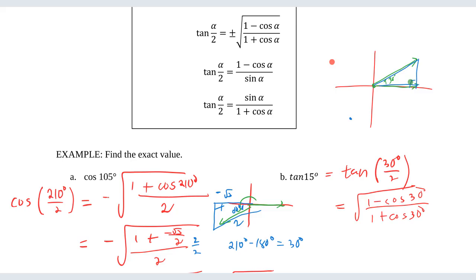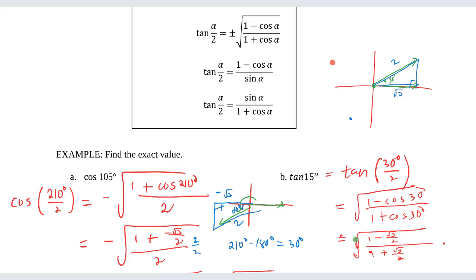So the adjacent of 30 degrees is radical 3, if we are using a hypotenuse of 2. Adjacent over hypotenuse is radical 3 over 2. Therefore this is the square root of 1 minus radical 3 over 2 over 1 plus radical 3 over 2.